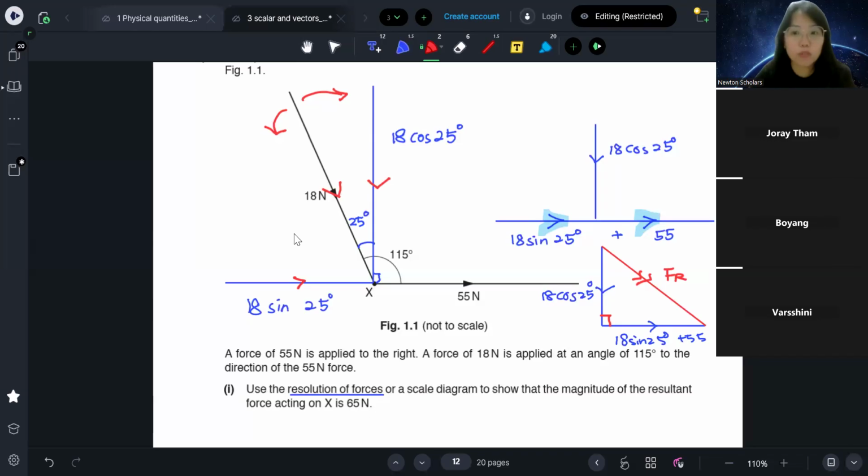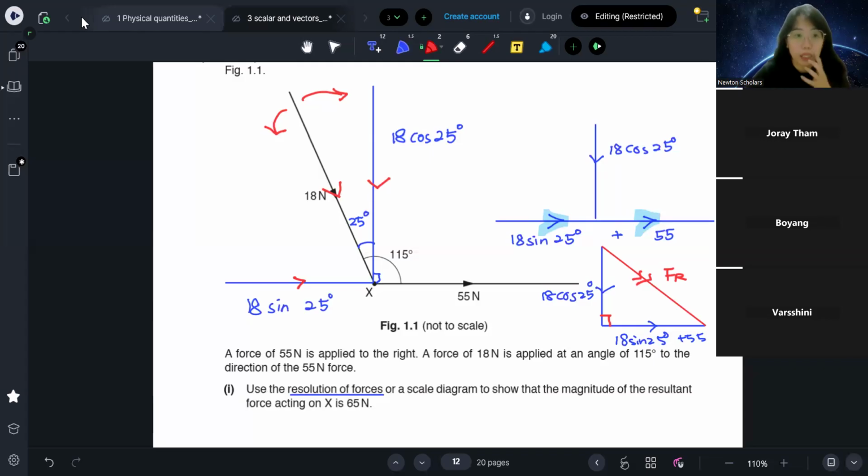With these two values, you can use Pythagoras theorem to find your resultant force. I try. 65 Newton. Good job. Yes, 65 Newton. Yes, correct.